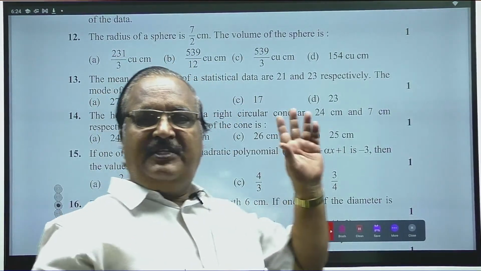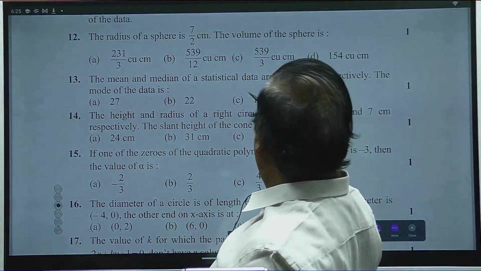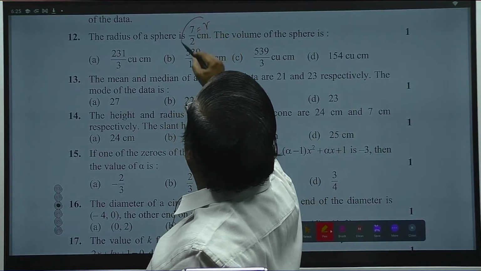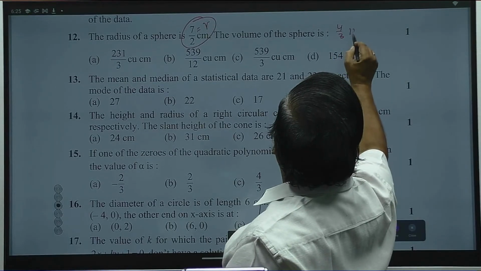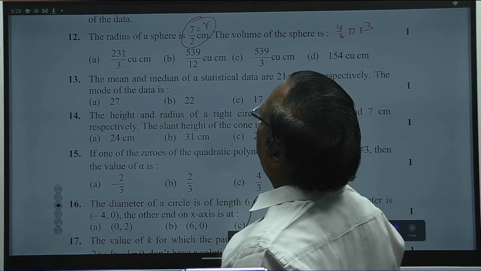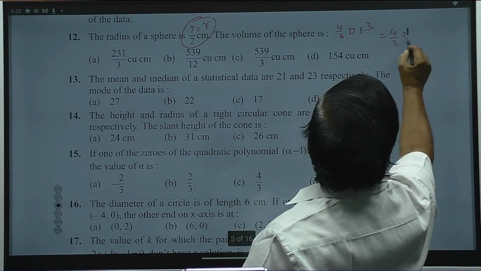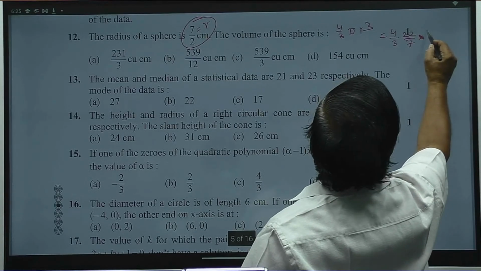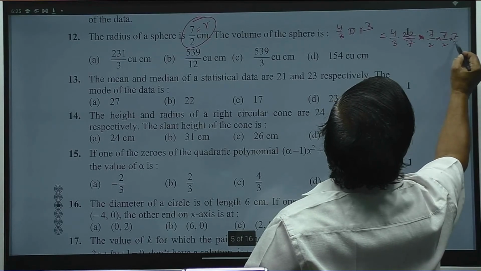The radius of the sphere is 7 by 2, that means r is 7 by 2. The volume is 4 by 3 pi r cube. So now 4 by 3 into 22 by 7 into 7 by 2 into 7 by 2 into 7 by 2.